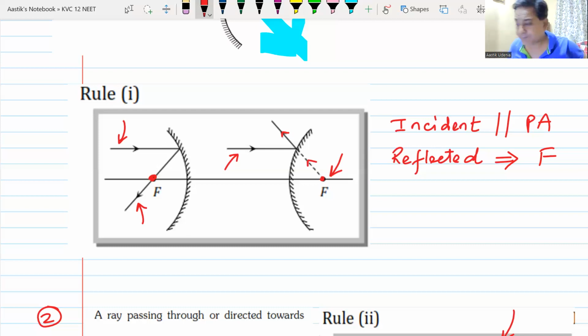Are you done, beta? Rule number 1 and rule number 2. Shall we move ahead? Just raise your hands, I'll know. Done, sir. Okay.